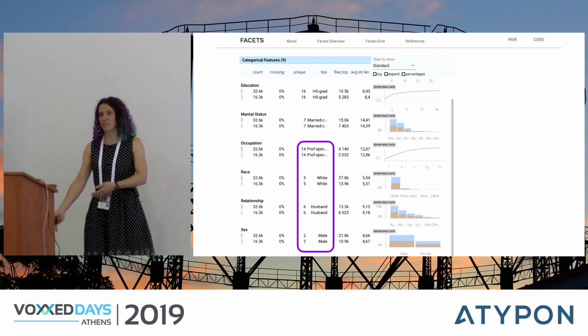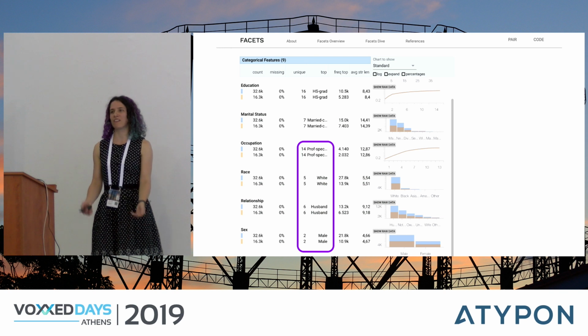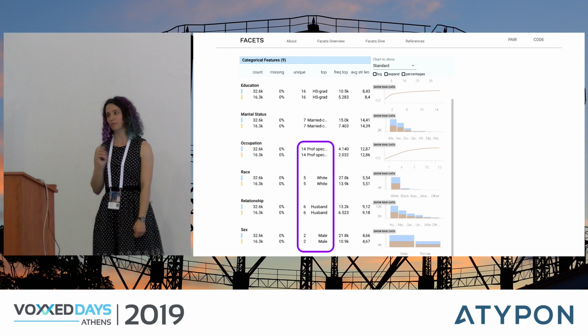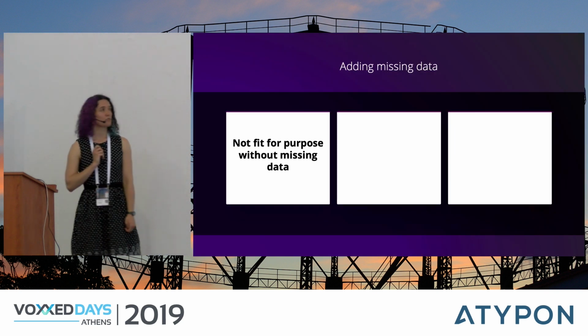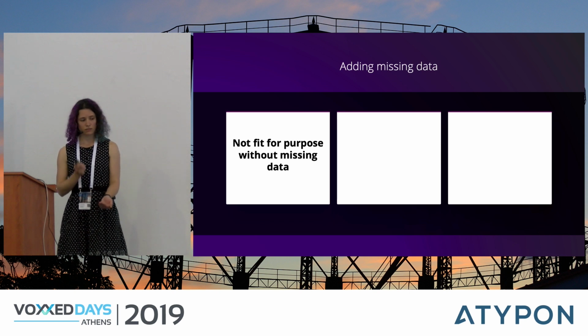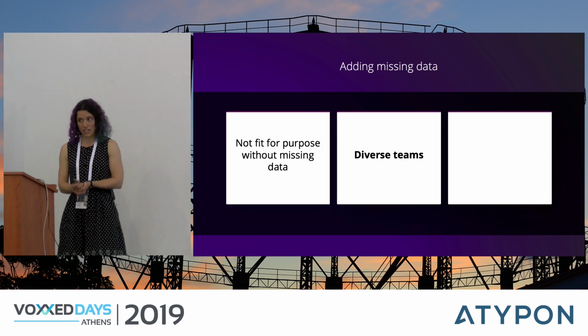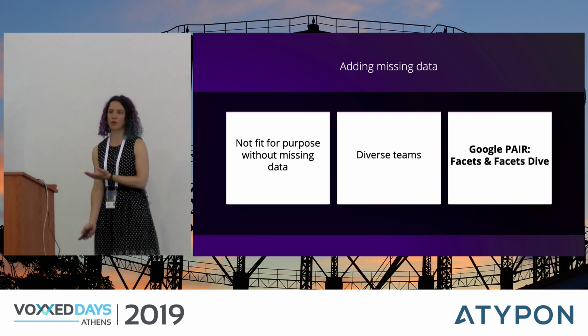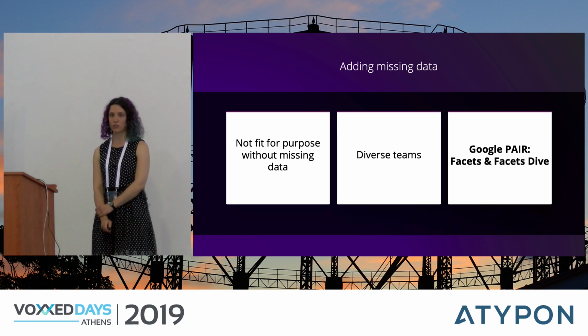If they aren't, then maybe we've got some people in that forgotten category, and we simply need to collect more data. So sometimes things aren't fit for purpose unless we add the data that's missing. Diverse teams are one approach that can help with this. And Google's PAIR initiative do have a couple of other tools as well that can be useful.